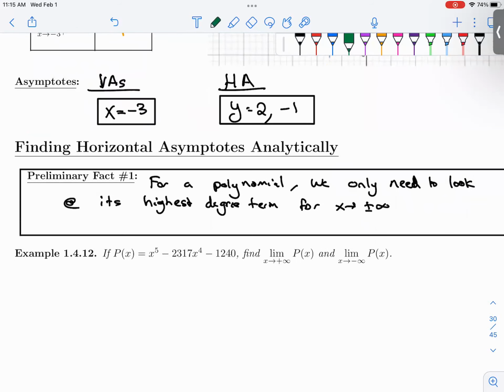So what I mean by that is at infinity, as x goes to plus or minus infinity, the polynomial gets dominated by the highest degree term.